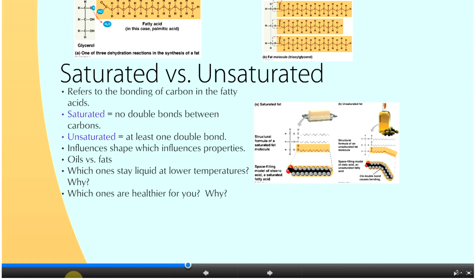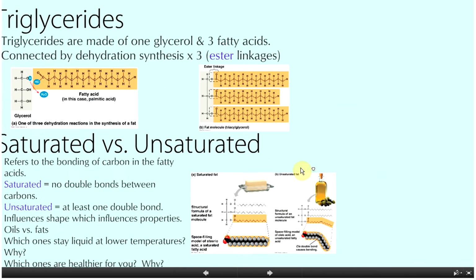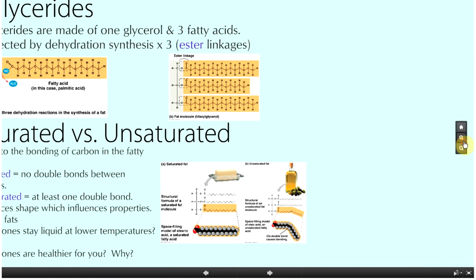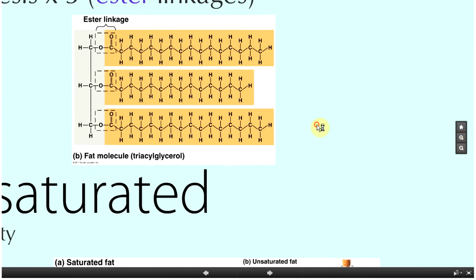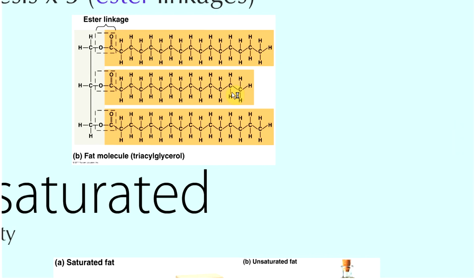If it's a saturated fatty acid, that means that there are no double bonds between adjacent carbon atoms. And if we go back up to our picture, this particular triglyceride molecule, it appears that all of the fatty acid chains are saturated. There are no carbon-carbon double bonds.